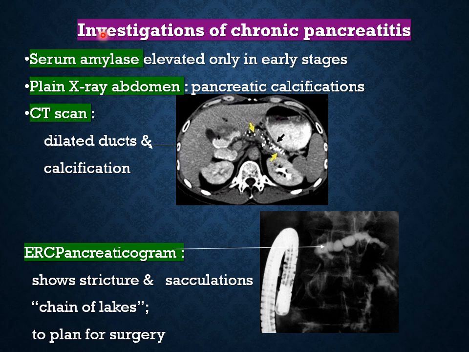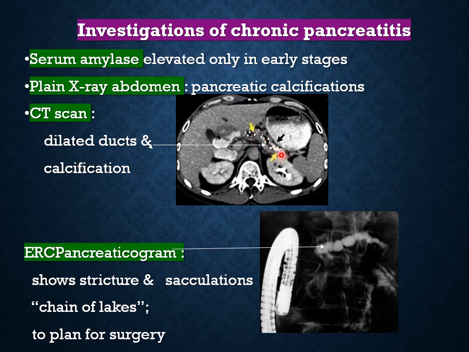Okay, these are some of the investigations in chronic pancreatitis. Serum amylase may be elevated in early stages, but later, as the gland becomes destroyed, amylase becomes normal. Plain X-ray abdomen may be able to show you pancreatic calcifications. Then the CT scan will show dilated pancreatic ducts.